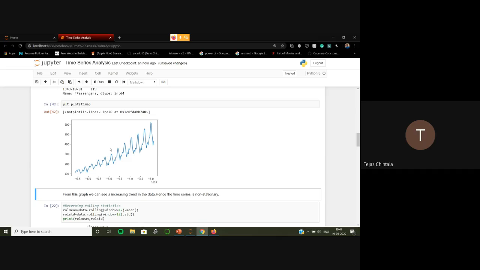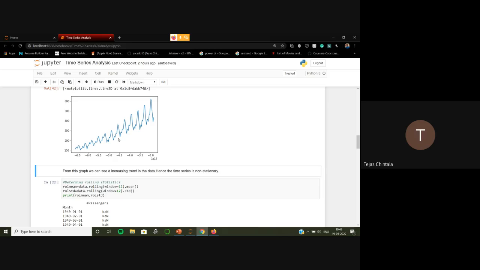From the definition, we've seen that stationary means all the statistical properties should be the same and constant over time. Here we see there's an increasing trend. So we have to check the stationarity of this time series. As I've said, there are a number of tests. Here we'll be implementing the rolling statistics.